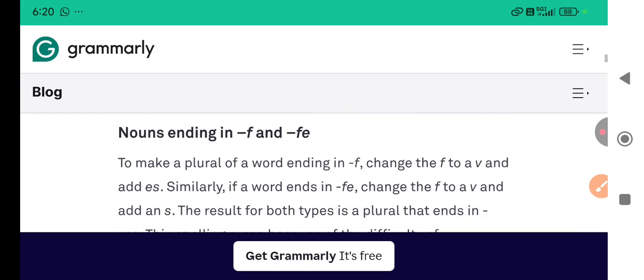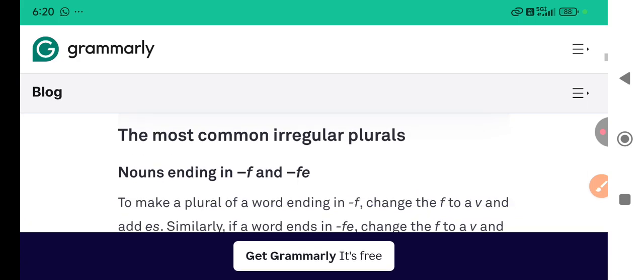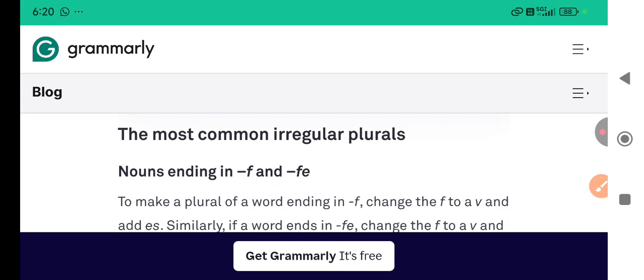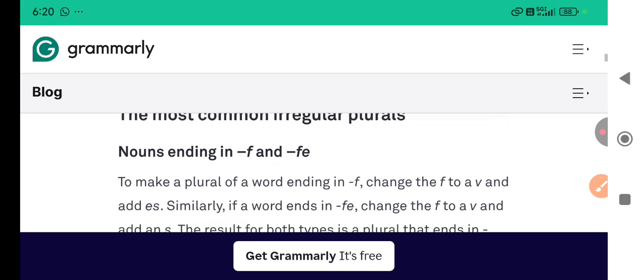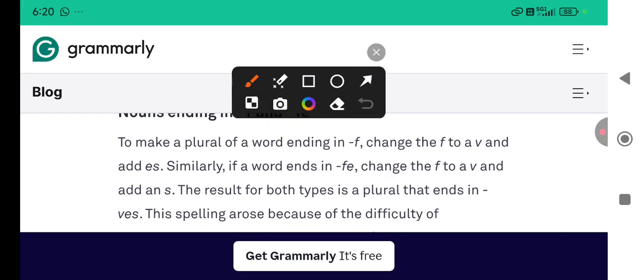The most common irregular plurals: the most common is making the plural of a word ending in f, where f becomes v.